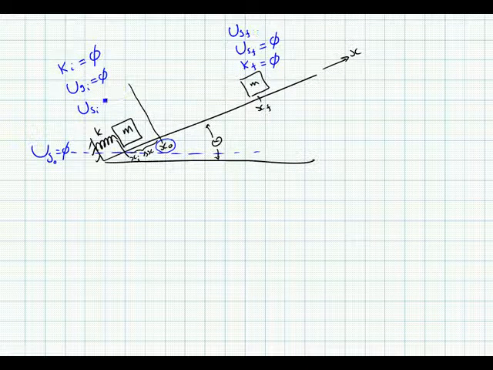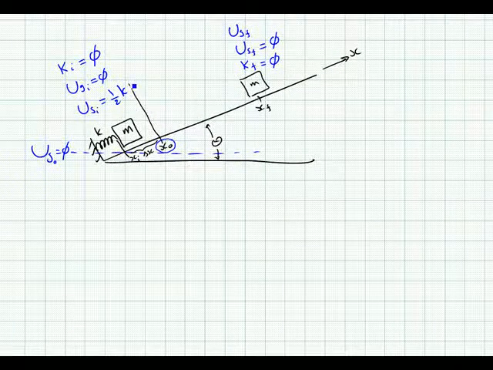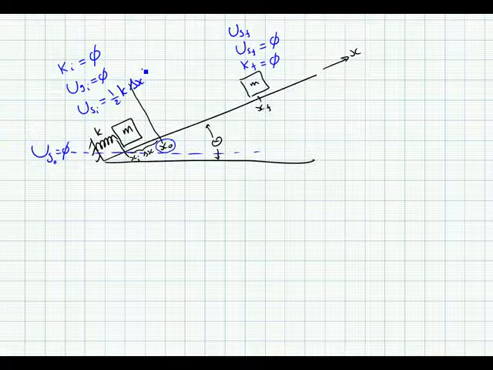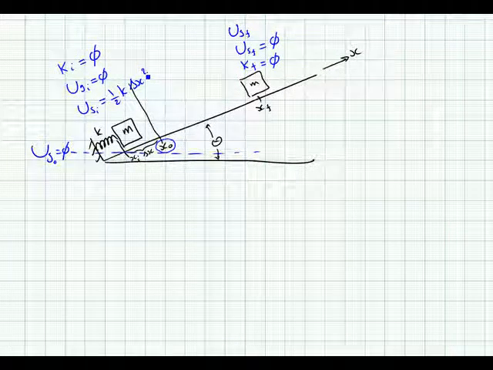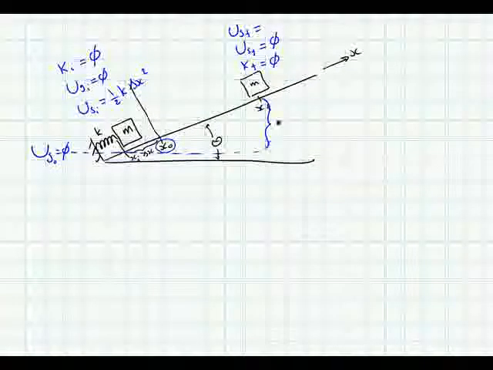And the spring potential energy at the bottom of the ramp is of course 1/2 of k delta x squared. And the gravitational potential energy at the top of the ramp is simply mg times h.